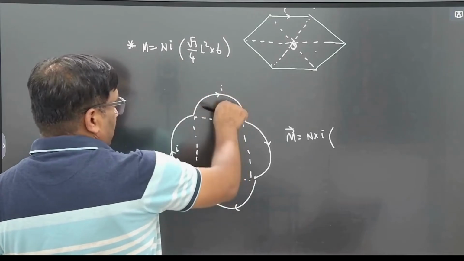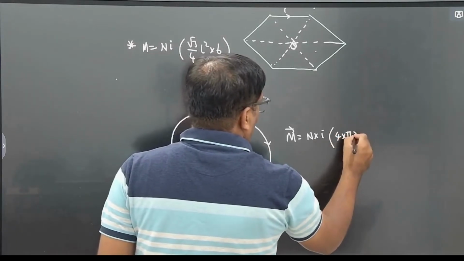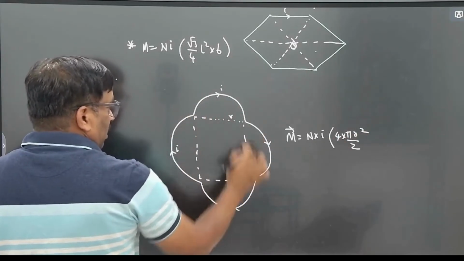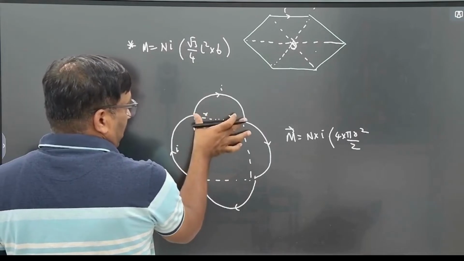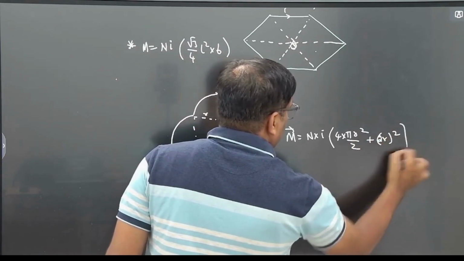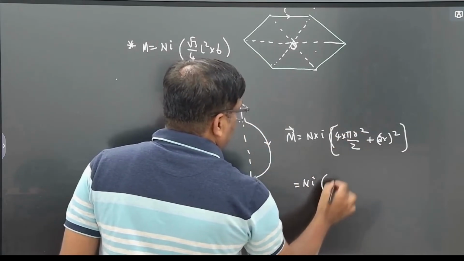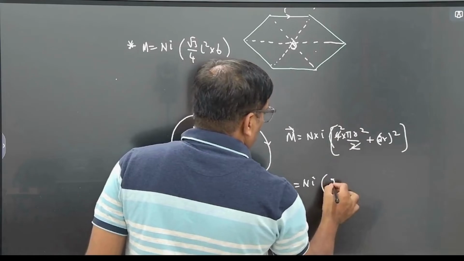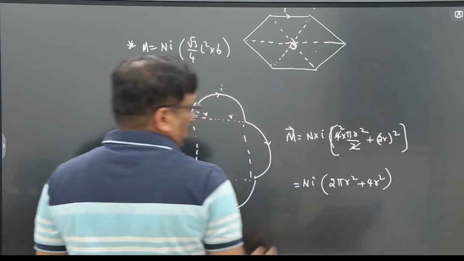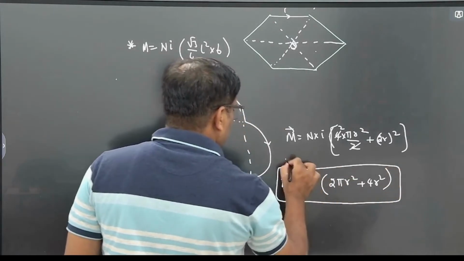Therefore, how many semicircles are there here? 1 2 3 4, so 4 into pi r square by 2, and this also forms a square of side length 2r plus 2r, whole square. You understand, no? Clear? So you can write it as N into I into, therefore 2 pi r square plus 4r square will be your answer. In this way you can calculate the magnetic moment of this one.